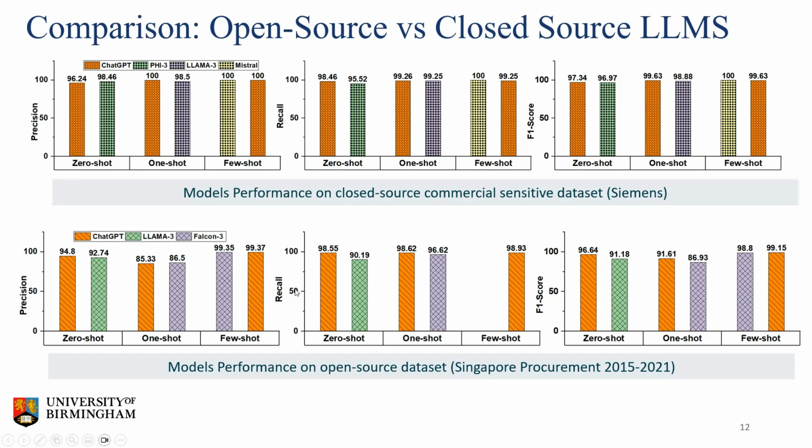But our open source models still deliver impressive results above 85% and 90% F1 score respectively. Likewise, these results demonstrate that open source alternatives can provide a viable privacy preserving solution for sensitive domains like tender processing.